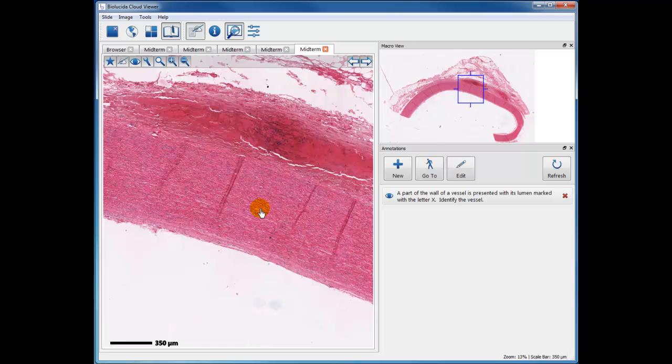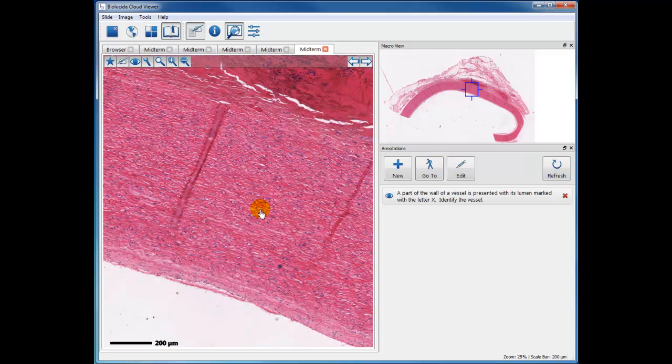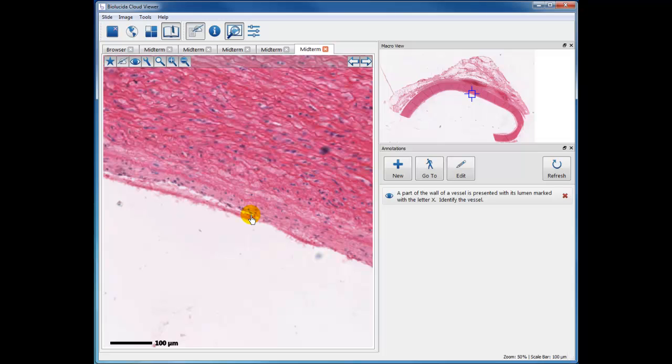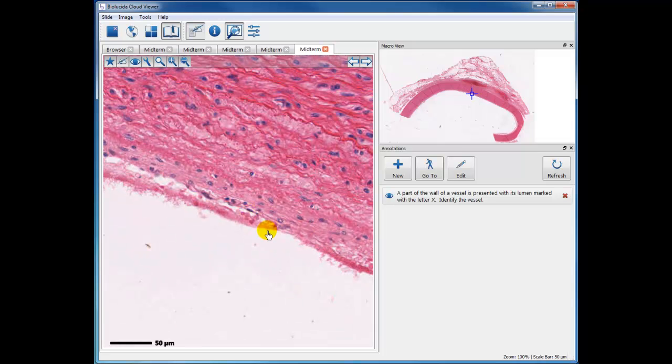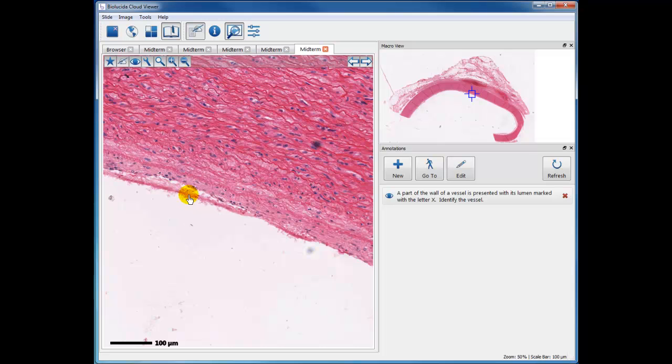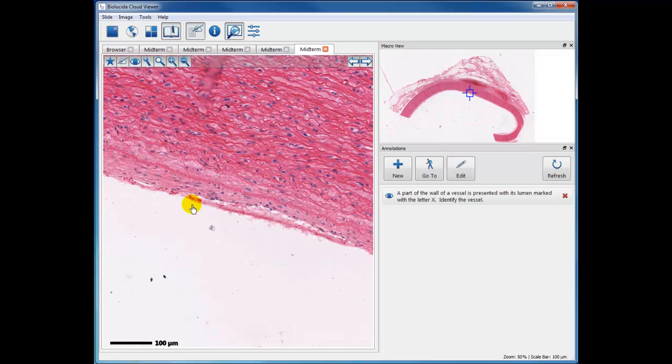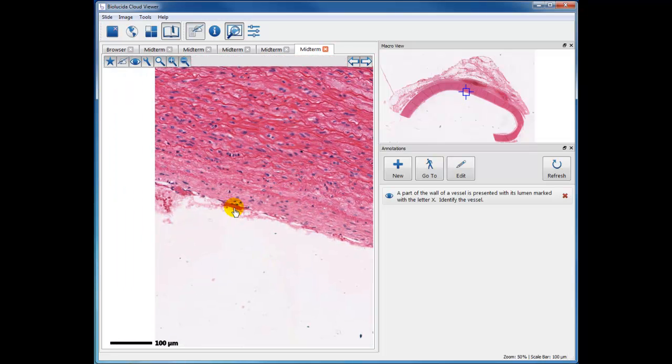And so you have multiple layers of these, and the dominant feature is the media that has all these layers of elastic membranes, whereas the endothelium is very thin right here, and some of the endothelium of the intima has been torn off.